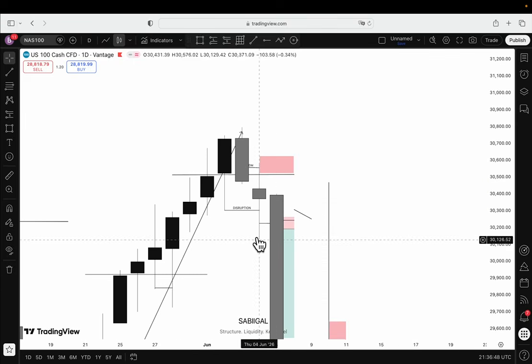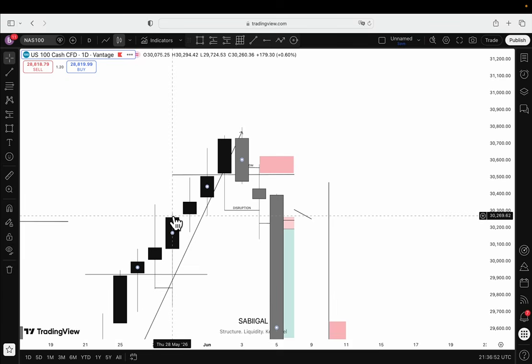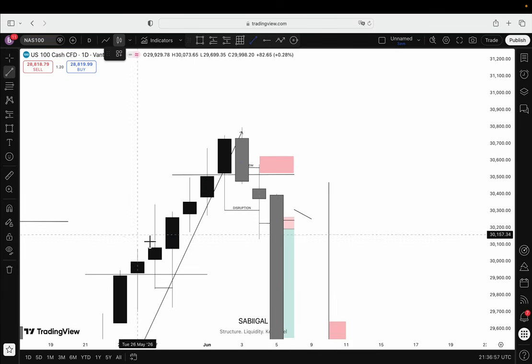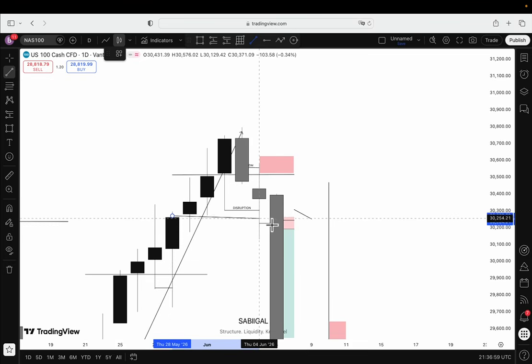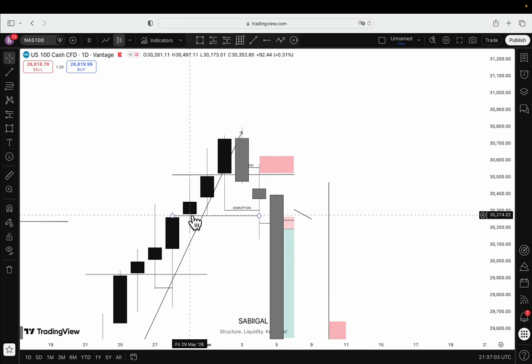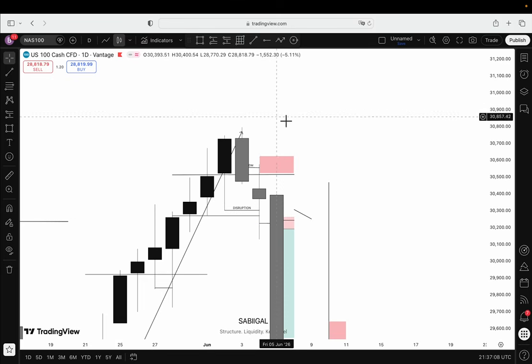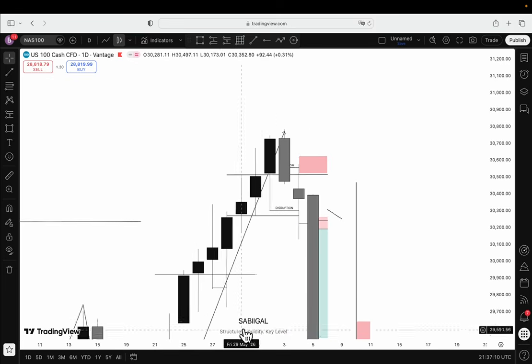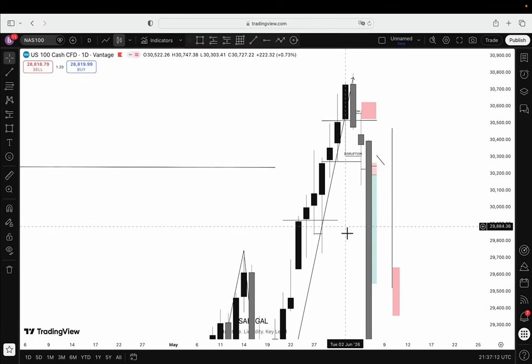If this thing had gone back to close with the body here, I would have just known that, okay, on Friday we should be buying this NAS 100, even if the trade doesn't trigger. Because we now later close with the week here. We're now buying. So until that candle closes in that time frame, you are not safe yet to take a trade.